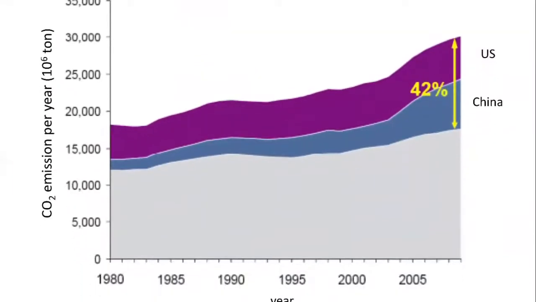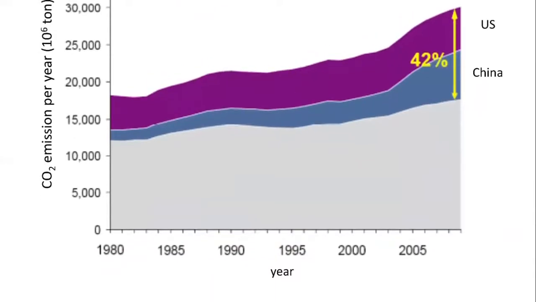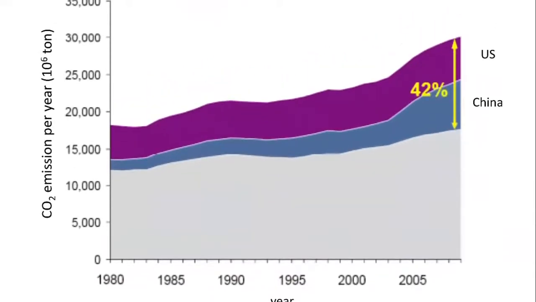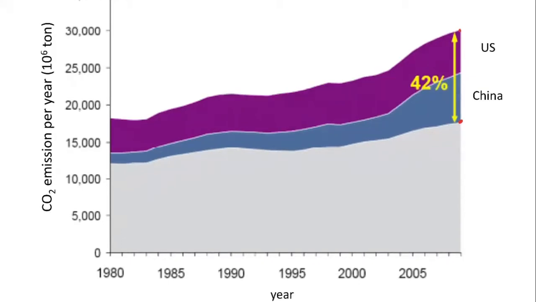So if we list out the carbon dioxide emission globally as a function of time, starting from 1980, you can see basically how US and China are occupying a large share of the carbon dioxide emission globally, right? So these two countries are occupying around 42% of the carbon dioxide emission globally.